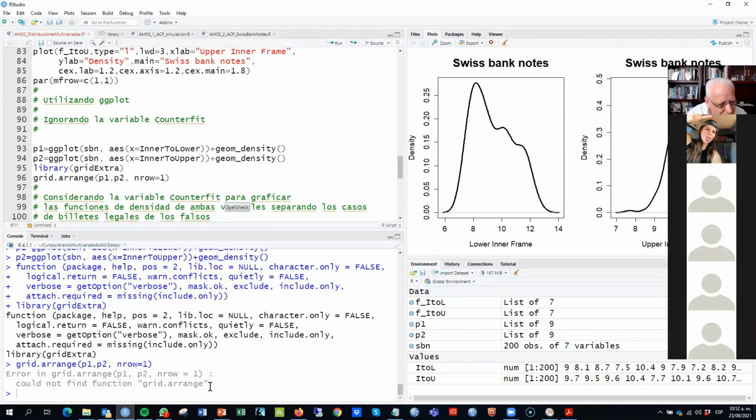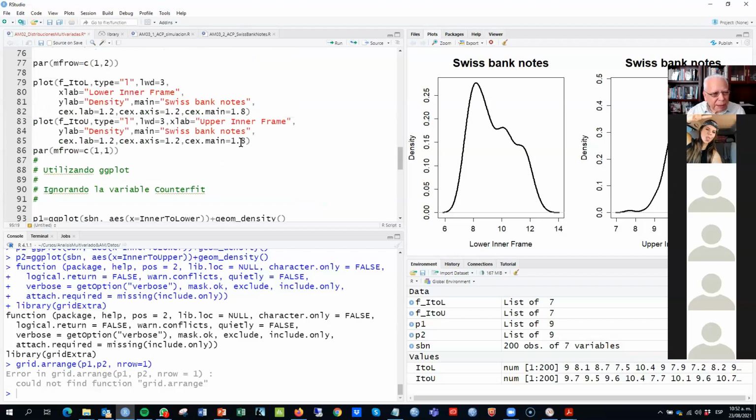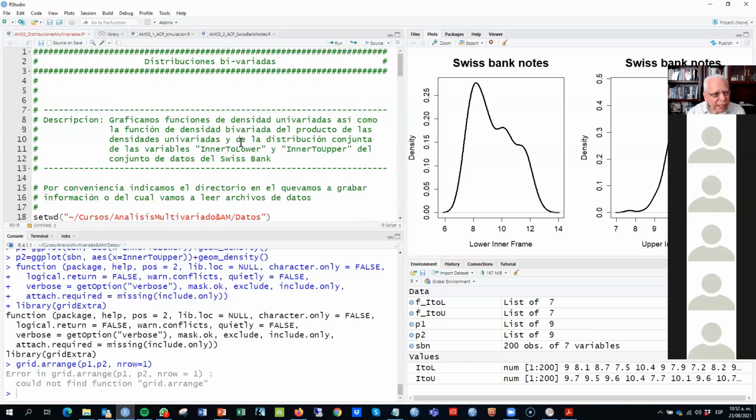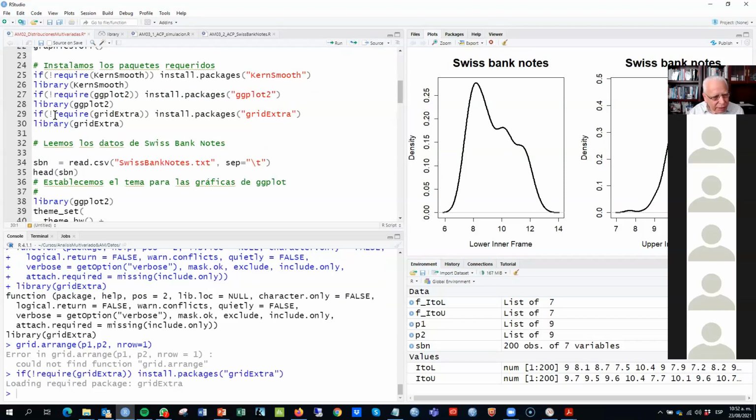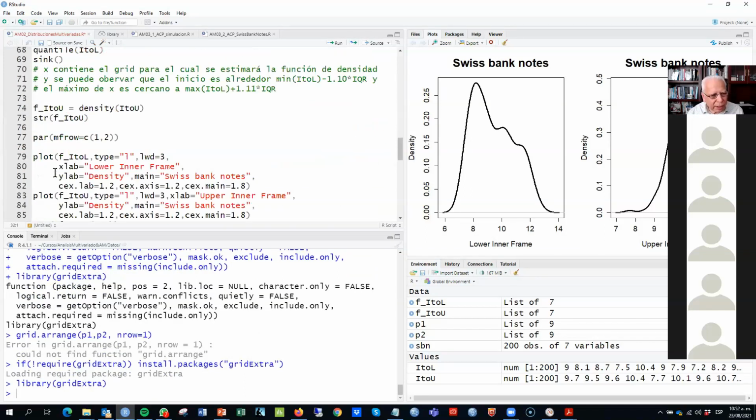It does not find the function grid.arrange. Let me try again. I thought I installed it and it didn't give me an error. When I installed gridExtra, let me check again here. Loading required library gridExtra. Now it should work.